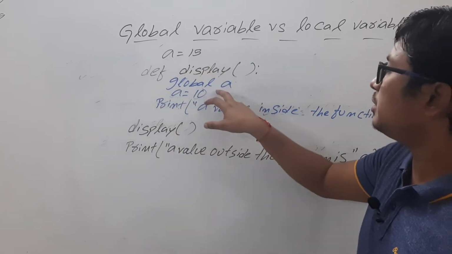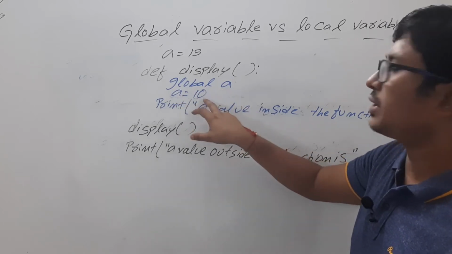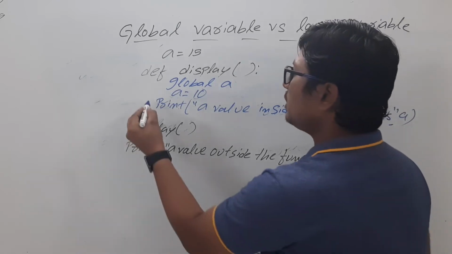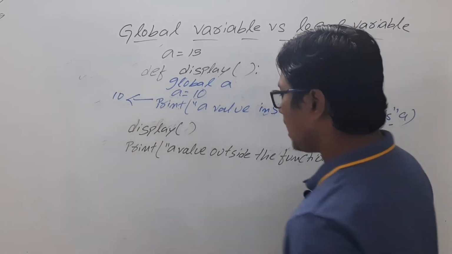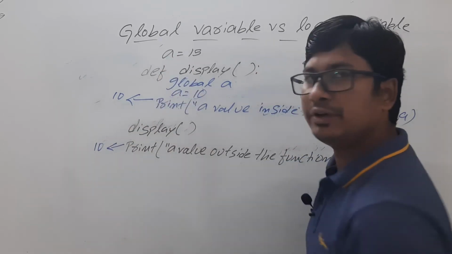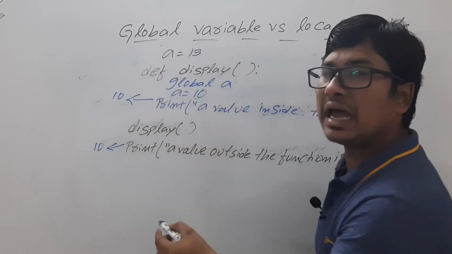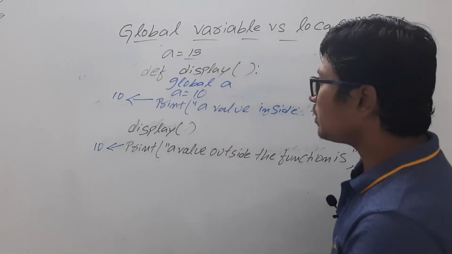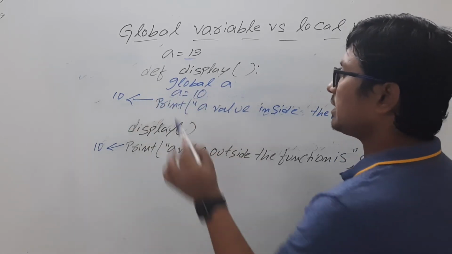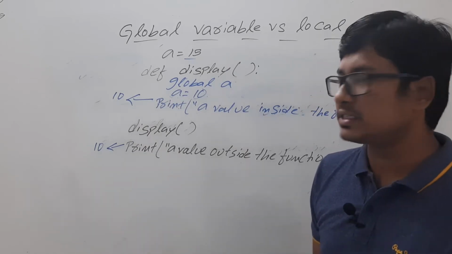That global variable you are accessing here and you are assigning the value 10. In that case the a value will be printed as 10 here and also here. Previously the global variable a had the value 15. That we are modifying and making it 10. So here it will print 10 and here also it will print 10.